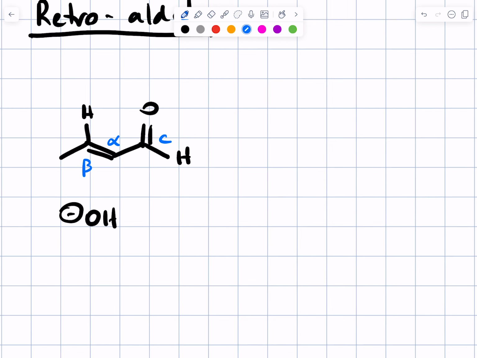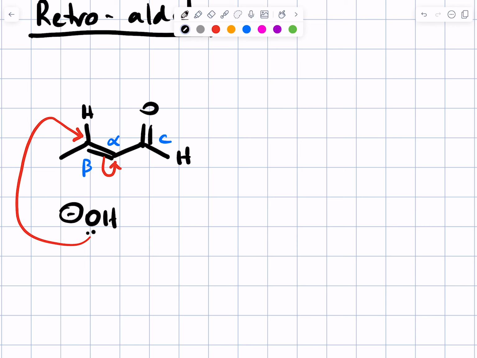So you need OH to attack the beta carbon. Is that reasonable? What kind of reaction is that? You've seen that once before. What was it? Chapter 13. Cuprates attacking the beta carbon of an alpha beta unsaturated carbonyl compound.